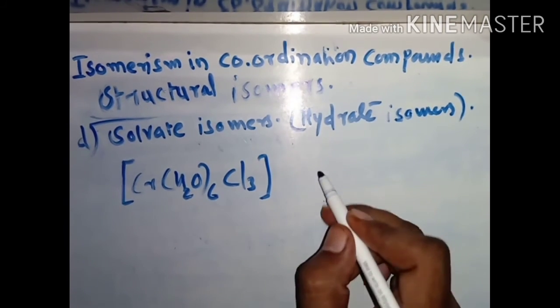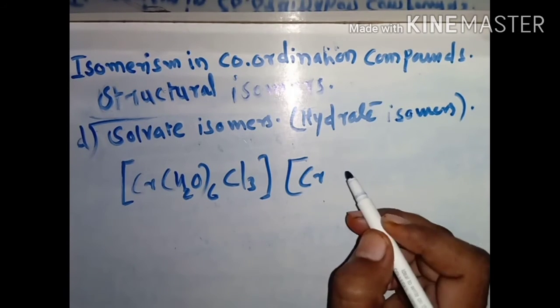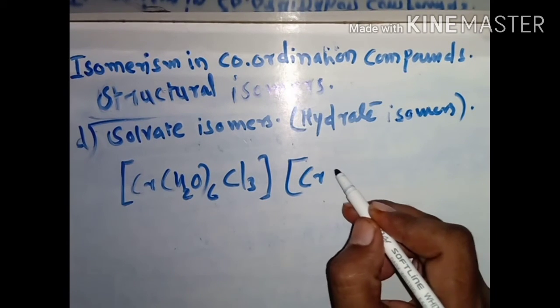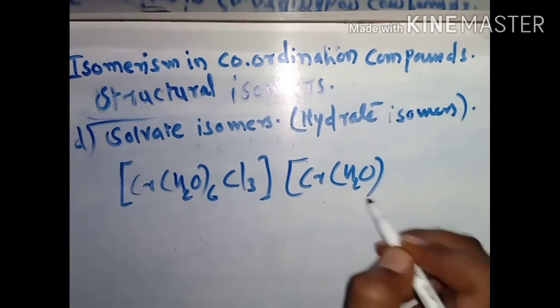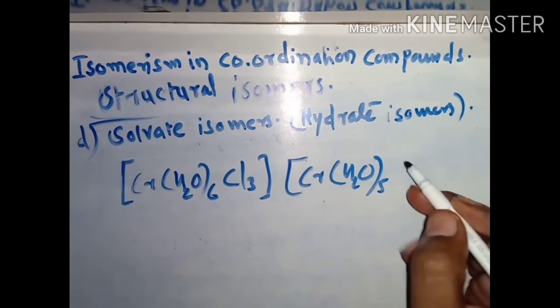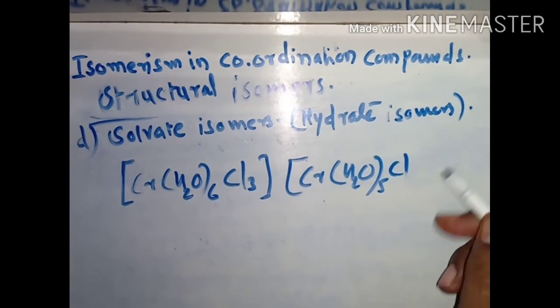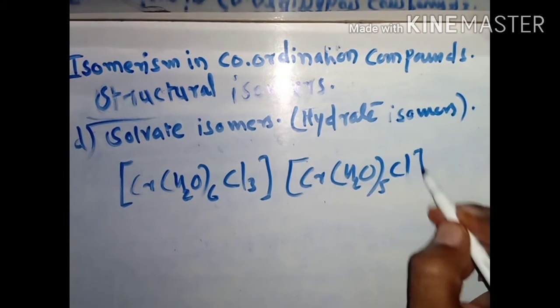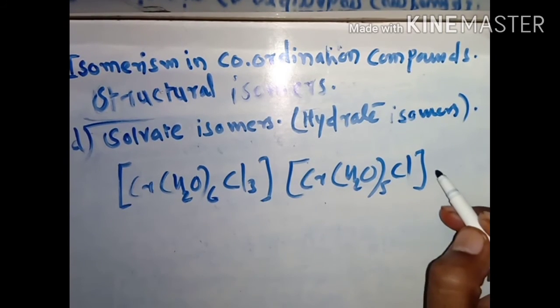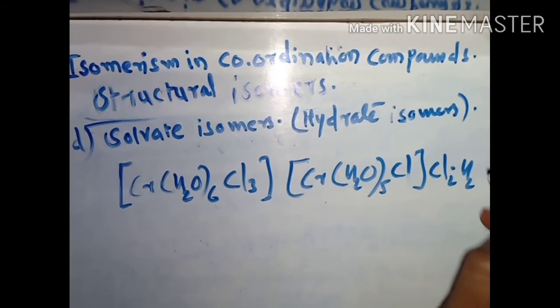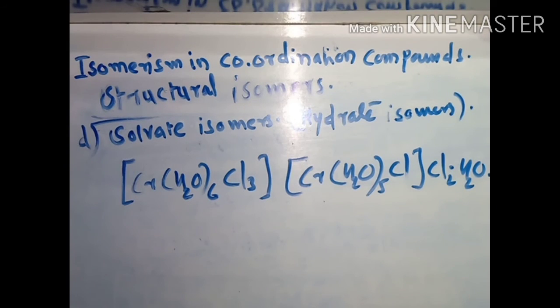and here that is Cr. Second example we can take, that is [Cr(H2O)5Cl]Cl2·H2O. Now what is going on here?